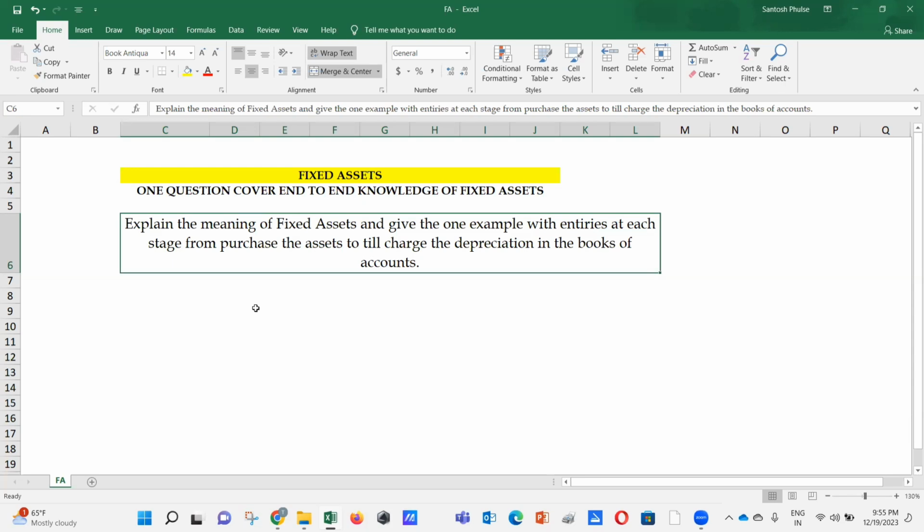Once you have the knowledge for these questions, the next question is going to be: what is meant by physical verification of the assets? How are you going to prepare the fixed asset register, and what data are you going to capture? If you sell the asset with profit, what sort of entry is it going to be?